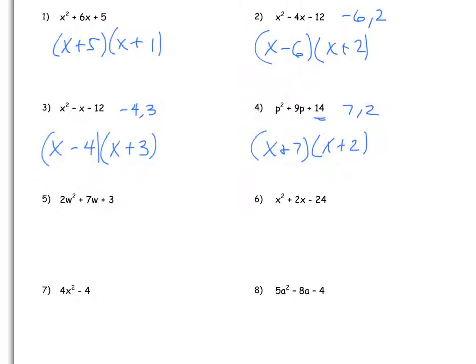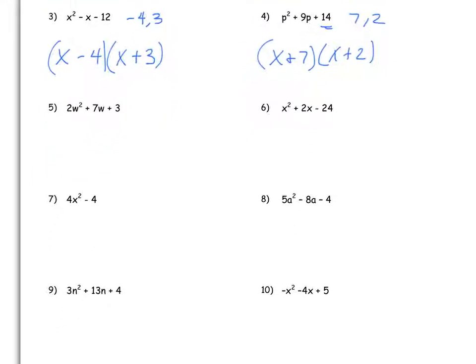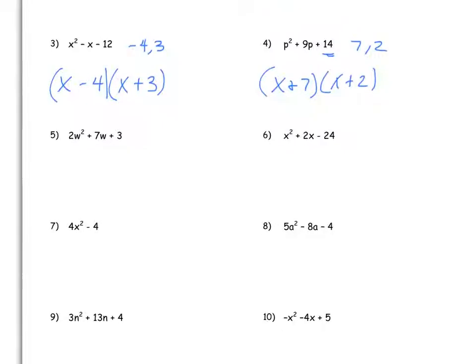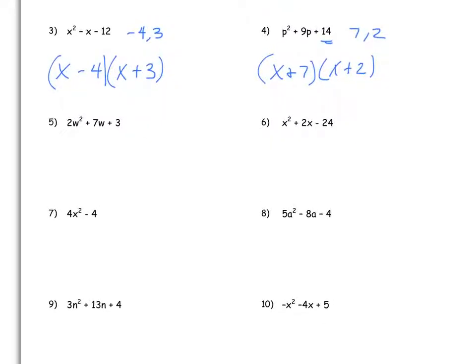So now the other ones here, 5, 6, 7, 8, 9, and well, maybe not 10 yet. We'll talk 10 in a second. But these, 6 doesn't either. So let's talk 5. Let's use the box method on 5. So I put the 2w squared up there. I put the 3 down here. And then I go, what numbers multiply to 6 and add up to 7?